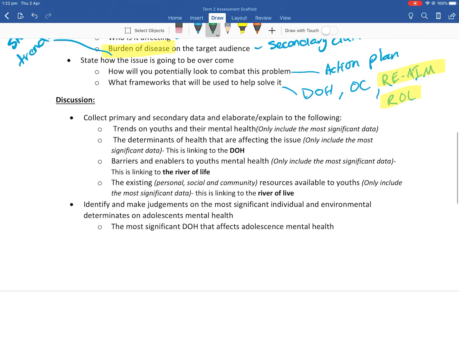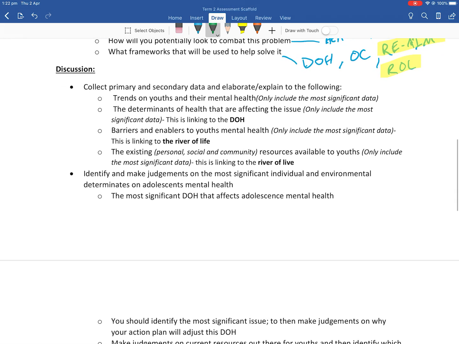Alright, now moving on to our discussion. We are collecting primary and secondary data like we did last assessment. The difference this time is that your primary data is only going to be coming from you. So if you don't complete the primary data, you won't have any primary data.